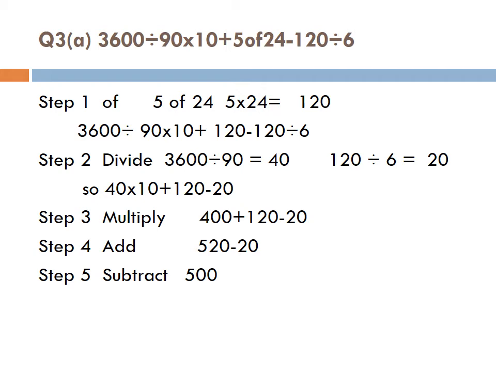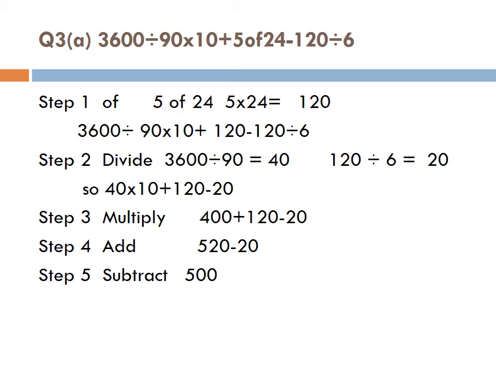First of all, we will solve the off. Off is written between 5 and 24. 5 multiplied by 24 is equal to 120. Okay. Rest all the numbers you have to write as it is only. 3600 divided by 90 multiplied by 10 plus 120 minus 120 divided by 6.